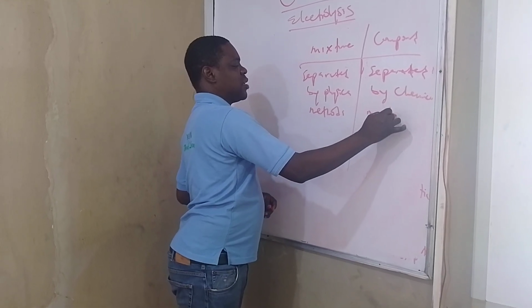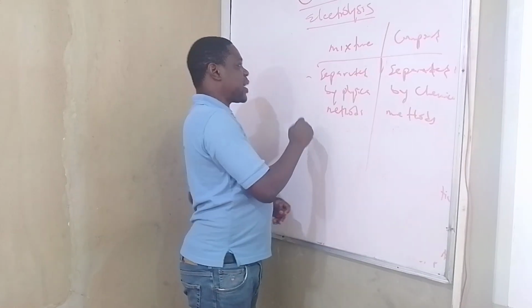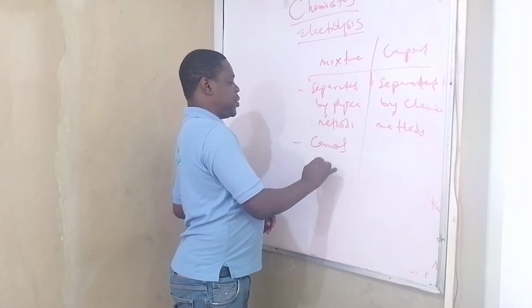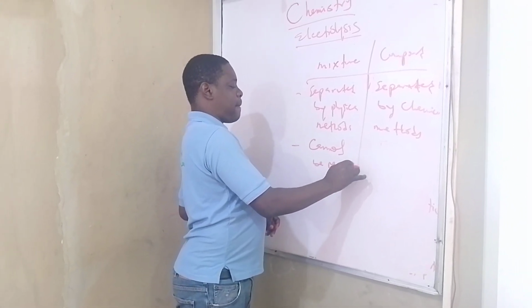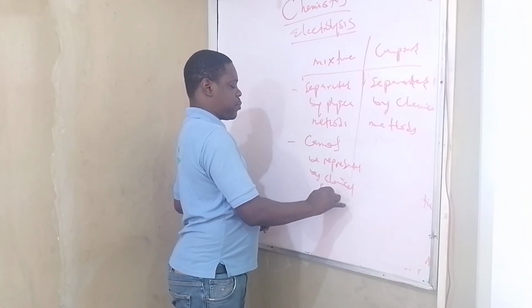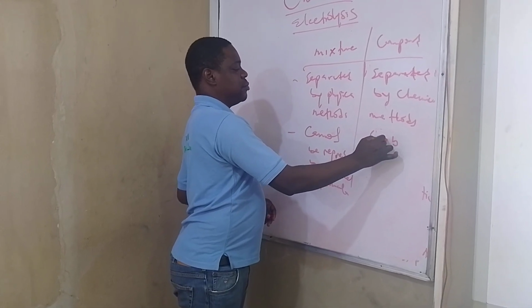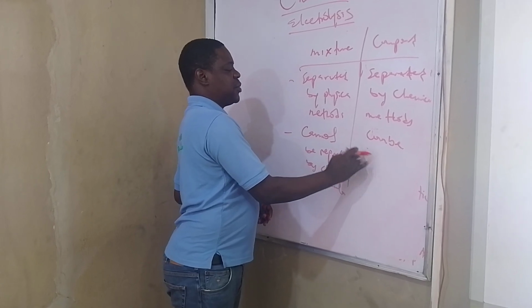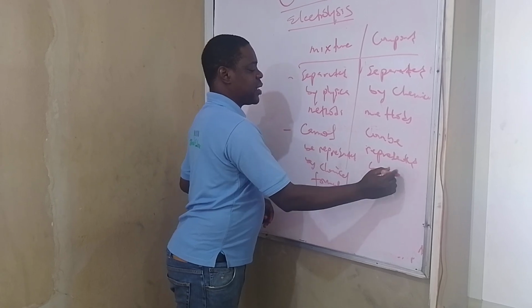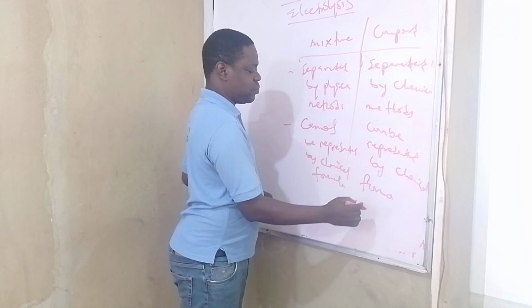What are other differences? Compounds can be represented by chemical formula. A mixture cannot be represented by chemical formula, but a compound can be represented by chemical formula, and so on and so forth.